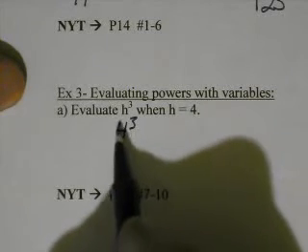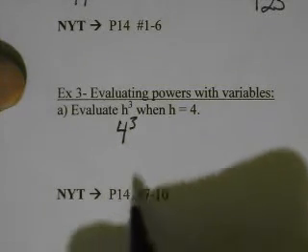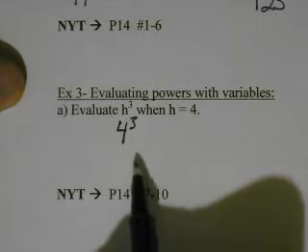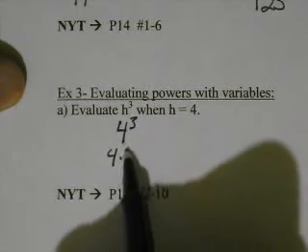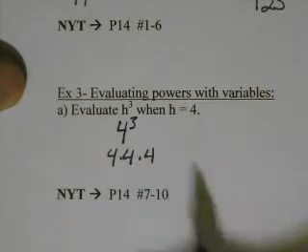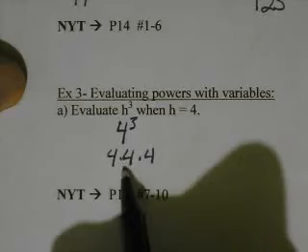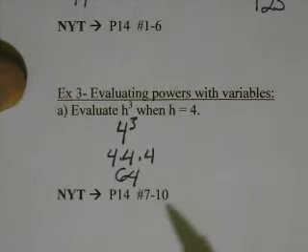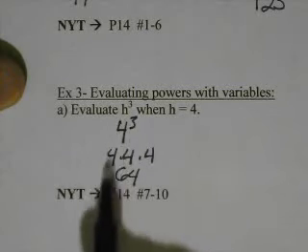Now, if we evaluate this, this is 4 times itself 3 times: 4 times 4 times 4. Multiplying this all out, you should get 64. So we evaluated this when h equals 4.